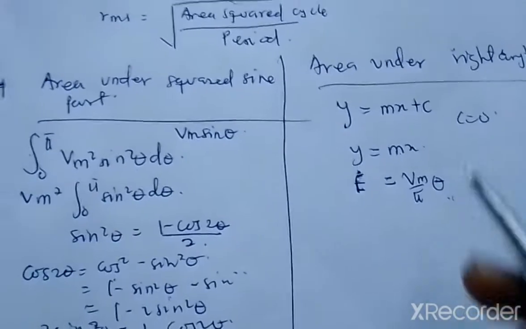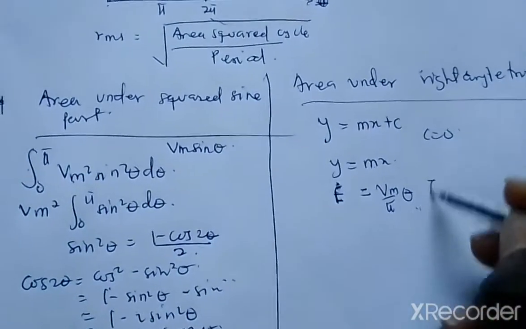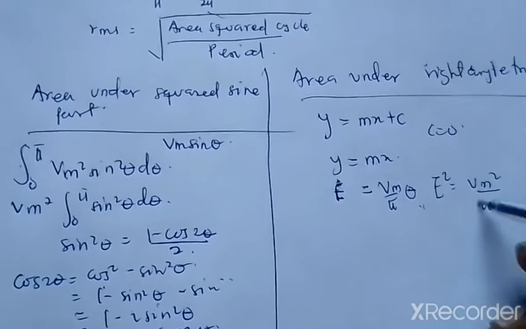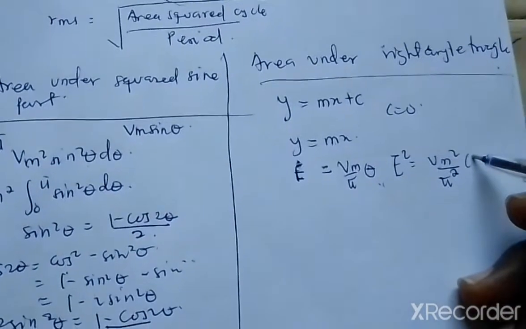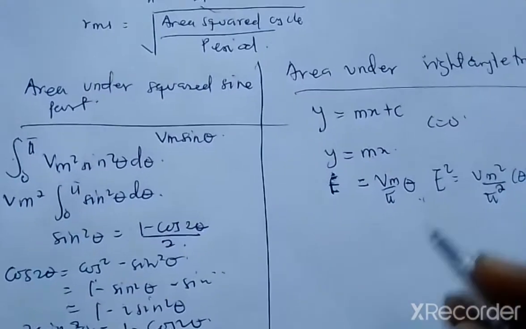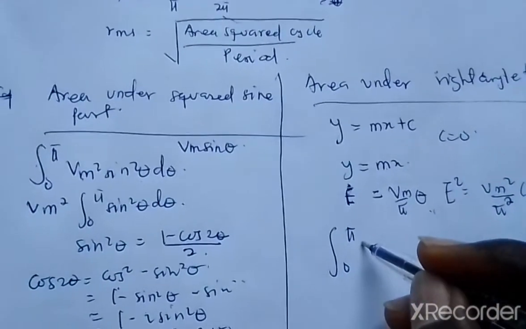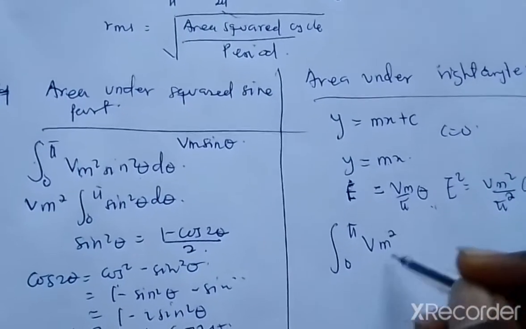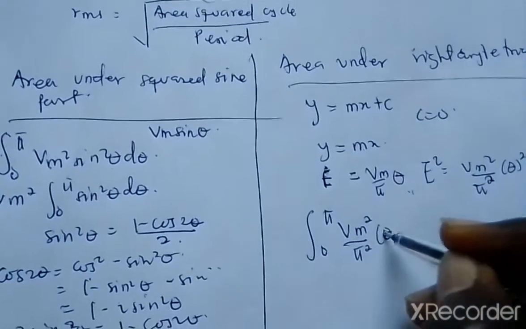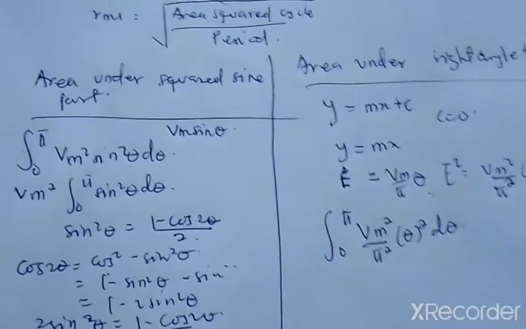So from here, I have my cycle, then I'm going to square this. If I square this, e squared will be equal to Vm squared over pi squared multiplied by theta squared. So from here, I'll just introduce my integral 0 to pi of Vm squared over pi squared, then theta squared d theta.